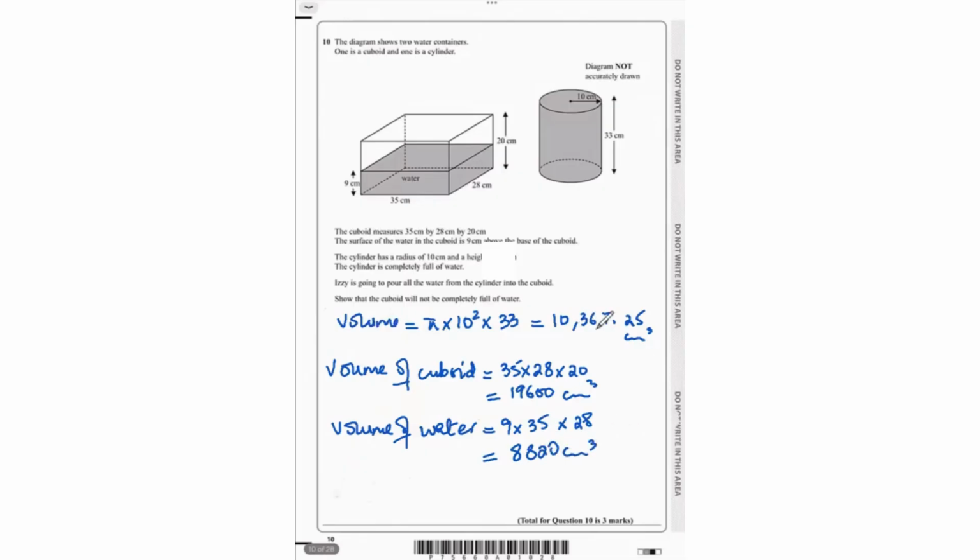So if we add the volume of the water in the cylinder and the volume of the water in the cuboid, let's see what that gives us. 10,367.25 plus 8,820 equals 19,187.25 centimeters cubed. Now clearly that's less than the volume of the cuboid. So yes, the cuboid will not be completely full of water.